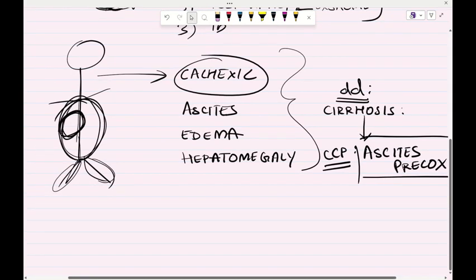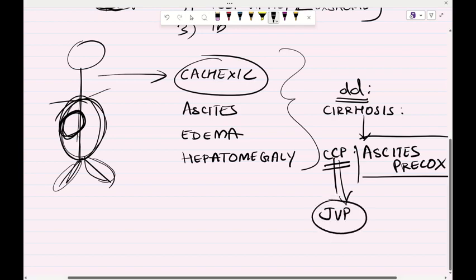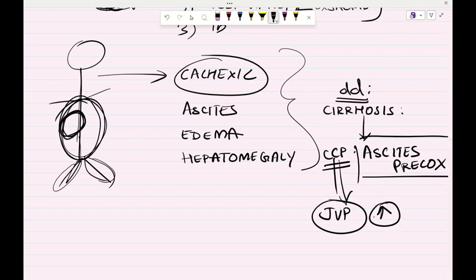Also, the main thing you have to remember is that in chronic constrictive pericarditis, JVP is elevated. It is a cardiovascular disease, so obviously JVP will be elevated, which helps us differentiate it from cirrhosis again. So checking JVP actually helps us differentiate CCP from cirrhosis. Now we have made a diagnosis of CCP. What else do you see in this patient?